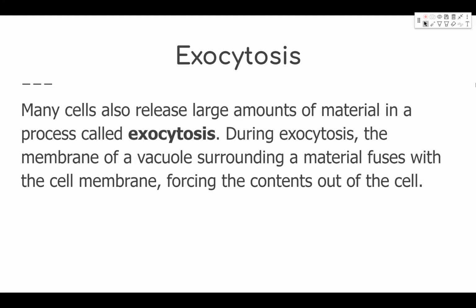During exocytosis, a vacuole will fuse to the membrane. That membrane will open and it will release whatever was inside that vesicle. It is the exact opposite of endocytosis. The diagrams look exactly the same, just in the opposite direction.